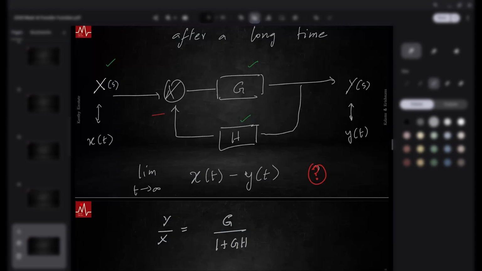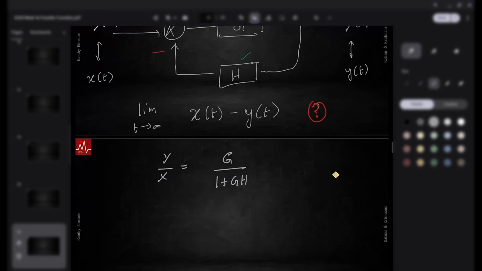So what we want, roughly, is x minus y, right?